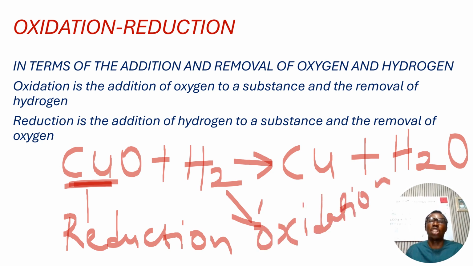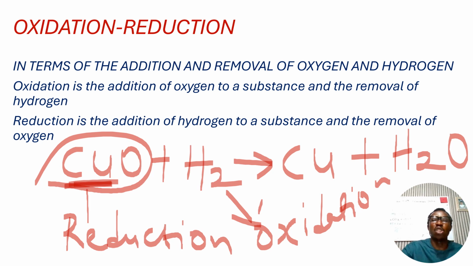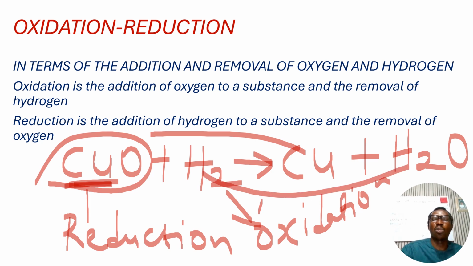So we say oxidation is the addition of oxygen to a substance and removal of hydrogen, while reduction is the addition of hydrogen to a substance and removal of oxygen. You can see that copper 2 oxide is reduced because oxygen is removed from copper 2 oxide. So copper 2 oxide is reduced to copper, while hydrogen is oxidized to what? Water.